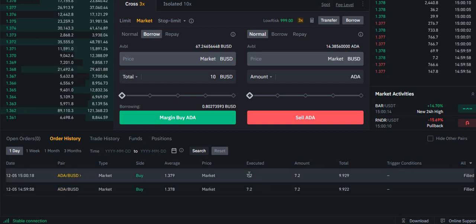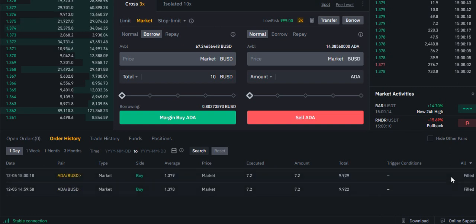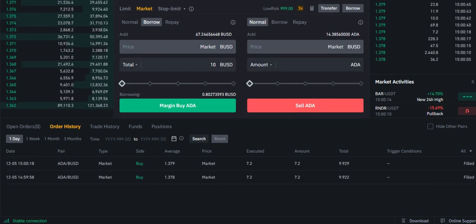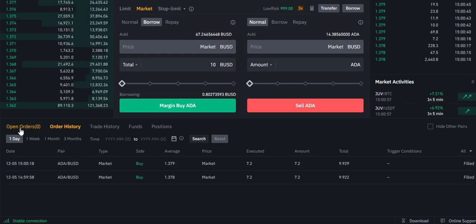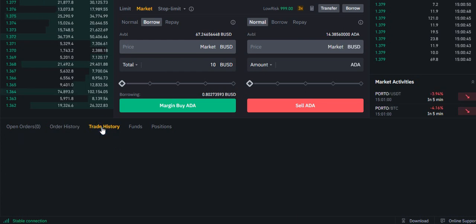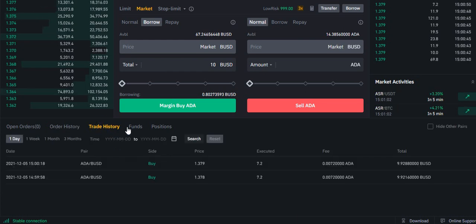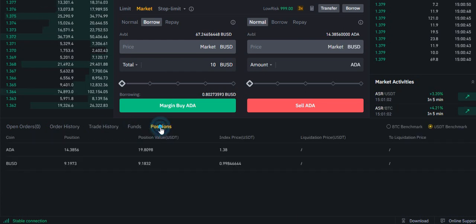Executed 7.2, amount 7.2, total 9.929. So this is the order I took, with the pair and everything. Here is the order history, here is the trading history, and this is the fund, and we have to come to the position.